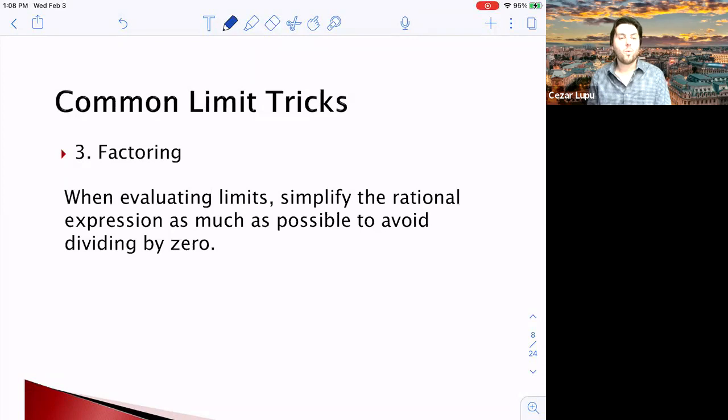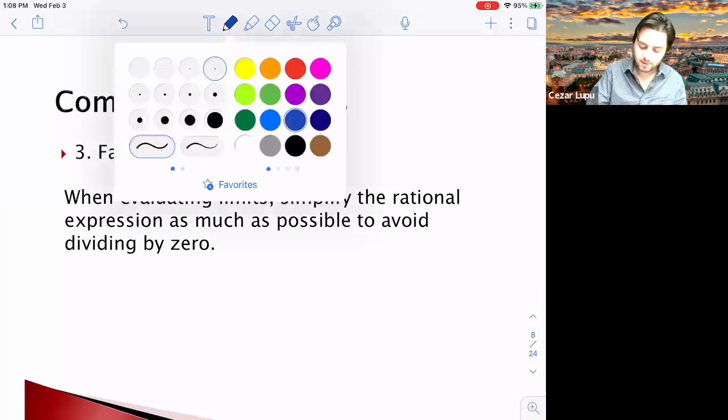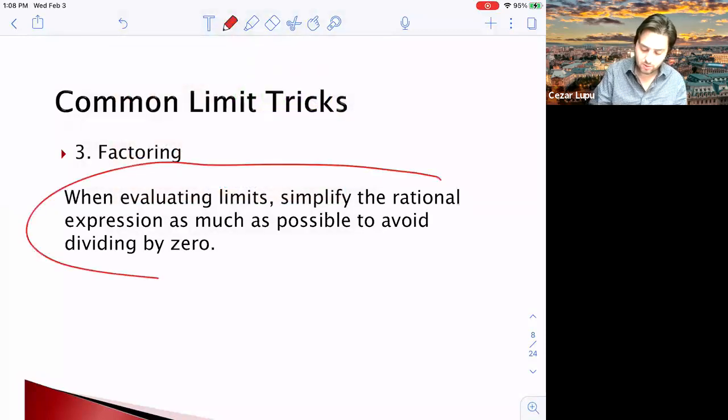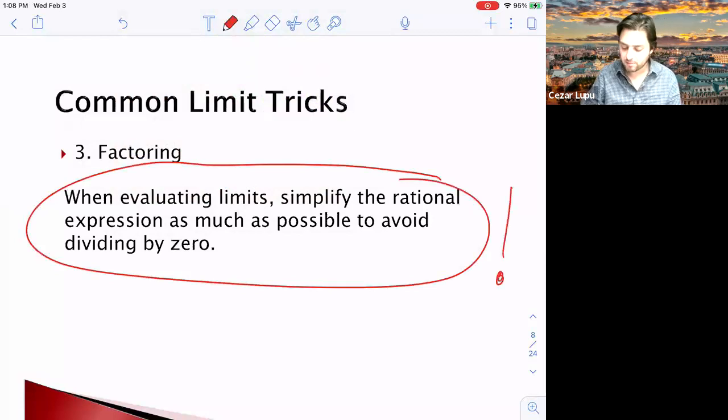Basically, when evaluating limits, simplify the rational expression as much as possible to avoid dividing by 0. This is very, very important. So try to simplify as much as possible, because you would like to avoid dividing by 0.